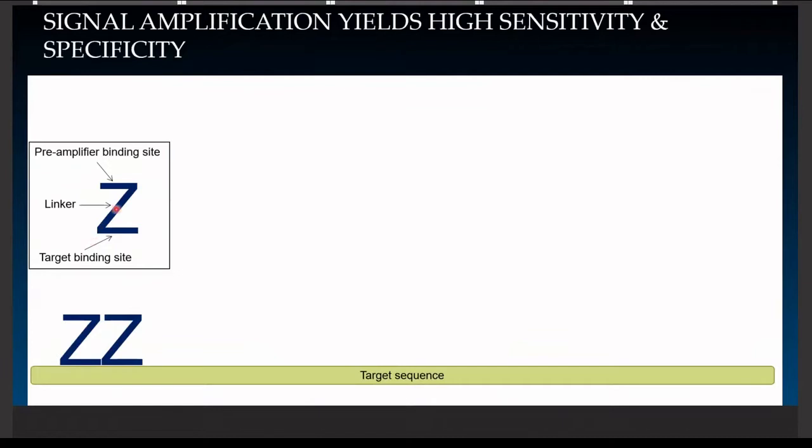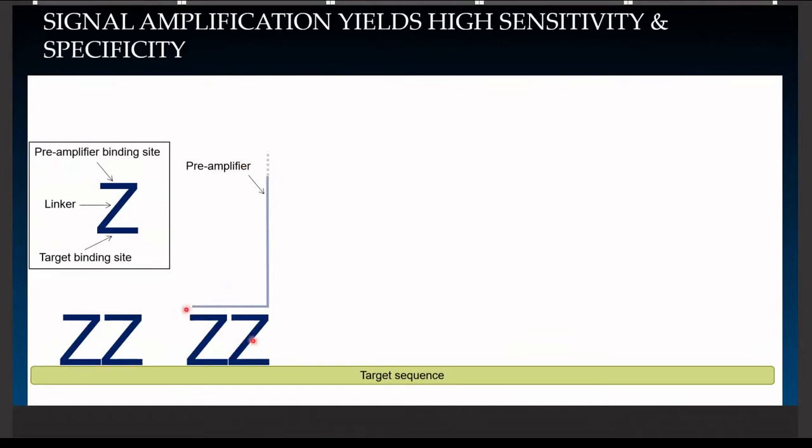So when we design a probe against a target of your interest, we design pooled probes of these specific target probes, and we design them such that they bind in pair to your target sequence. And this is especially important because the preamplifier, which forms the foundation of your amplification tree, only binds to a paired Z probe.